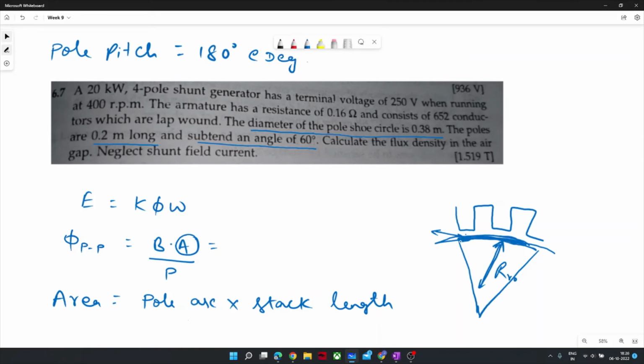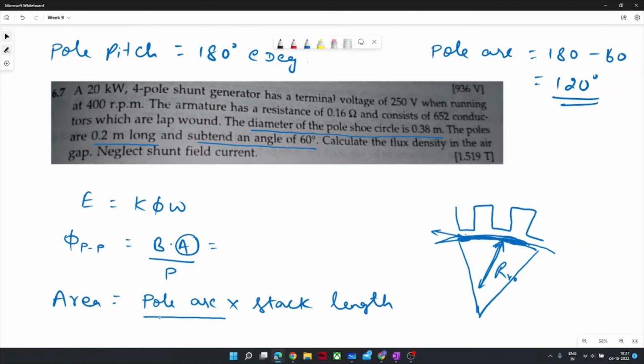So the pole pitch was 180 and the pole arc will be 180 minus 60. So that will be 120 degree.